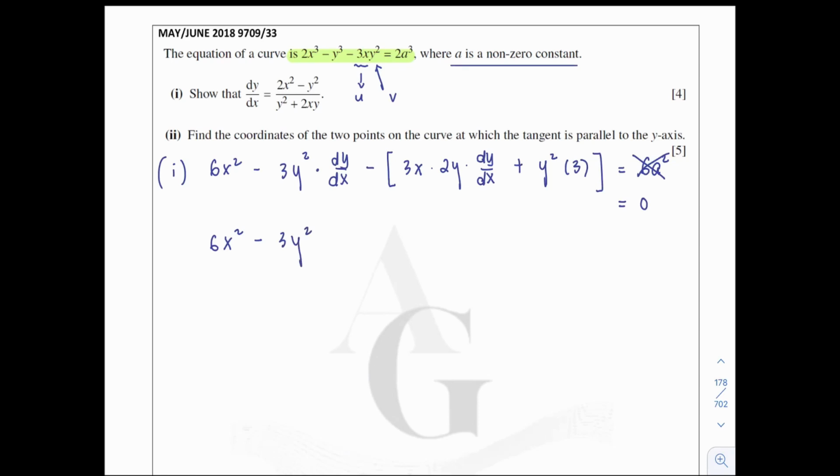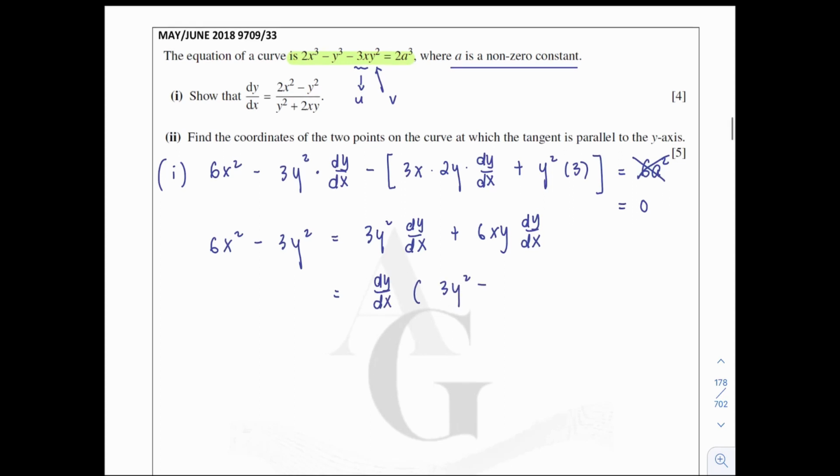And for the terms with dy/dx, we should put at the other side, which is 3y squared dy/dx plus 6xy dy/dx. And what to do here, we should factorize the dy/dx and be left with 3y squared plus 6xy in the bracket.